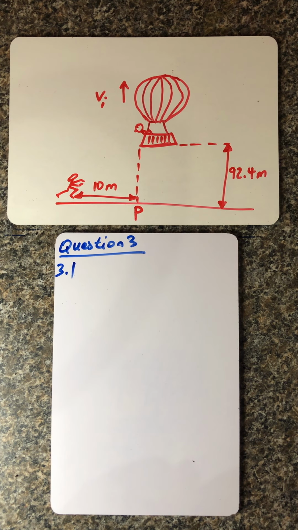Because we assumed downwards to be positive. Now that we got a negative number, it means that our V initial is actually 14 meters per second in the upwards direction. Guys, this is how you solve this question, assuming that downwards is positive.